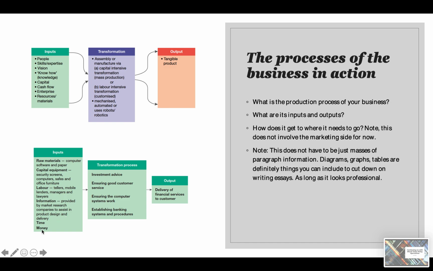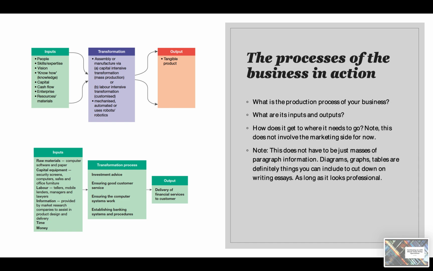These sort of things that you originally had to put into the business, the process, to get that output. When you put these things in, they don't automatically just make the service or the product. You have to have that transformation process in which you have, for example, for financial services, investment advice, ensuring good customer service, ensuring the computer systems work, and establishing banking systems and procedures.